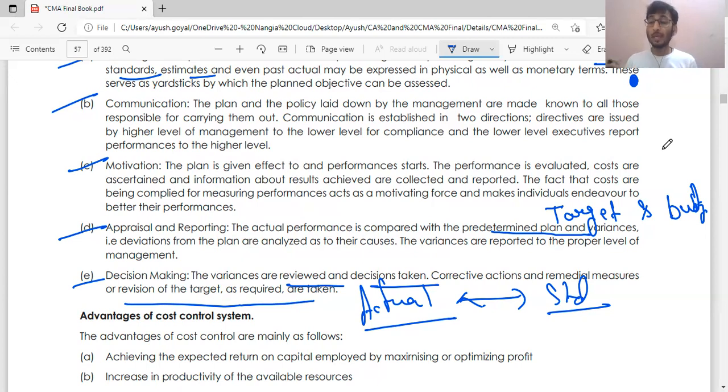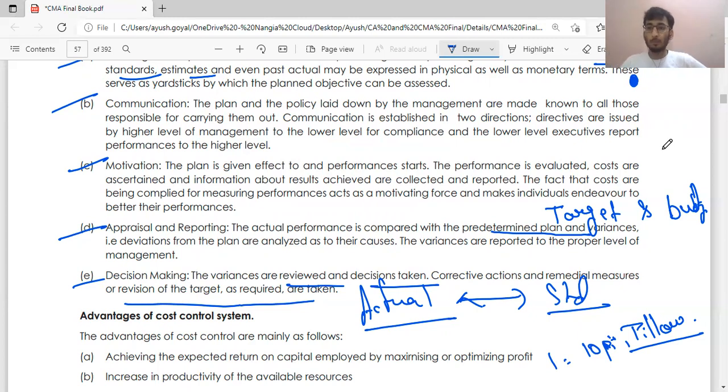So we need to make an achievable target, because suppose I make pillows.